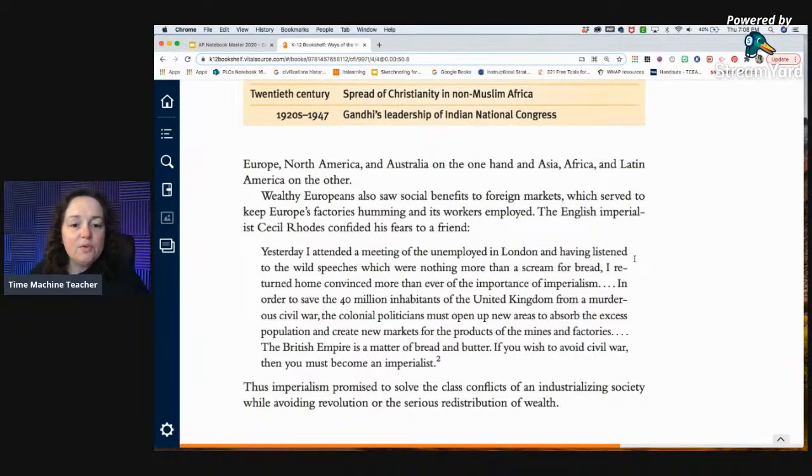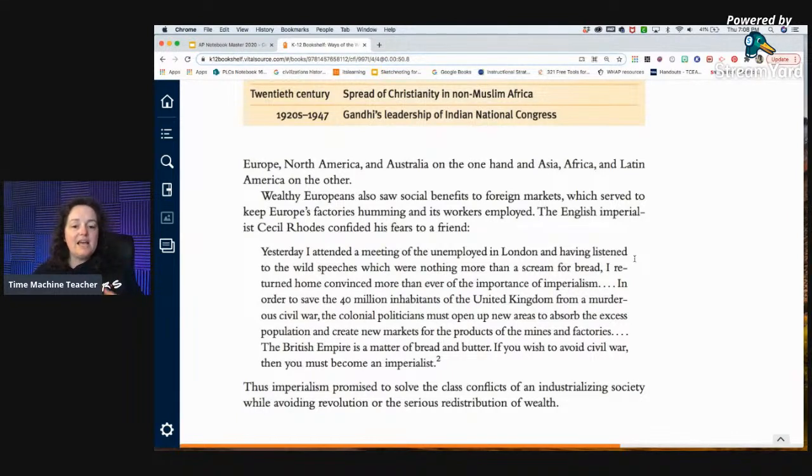In order to save the 40 million inhabitants of the United Kingdom from a murderous civil war, the colonial politicians must open up new areas to absorb the excess population and create new markets for the products of the mines and factories. The British Empire is a matter of bread and butter. If you wish to avoid civil war, then you must become an imperialist."